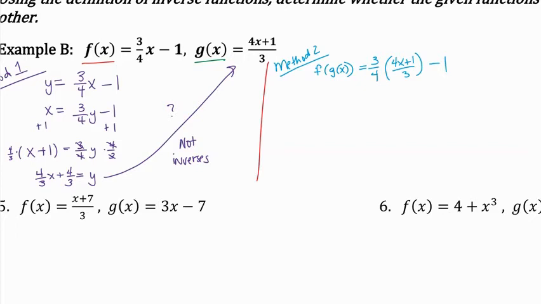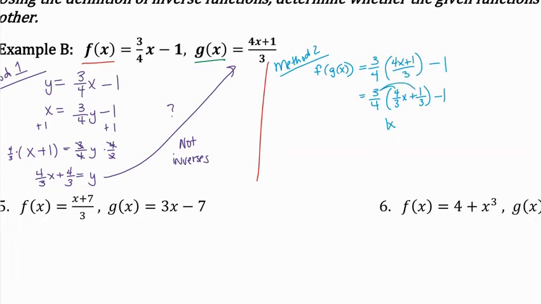Okay, so then if I multiply that or distribute it, actually I'm going to write that as 3/4, and separate these fractions. I'm going to make it 4/3 x plus 1/3 minus 1. And if I distribute the 3/4, 3/4 times 4/3, that's 1. So that would just be 1x.